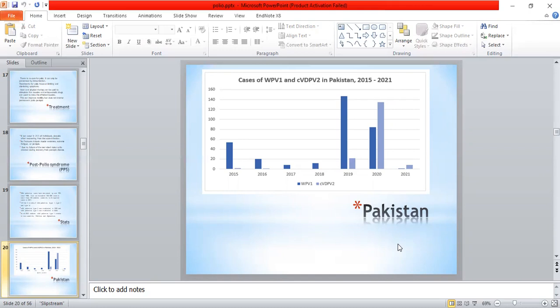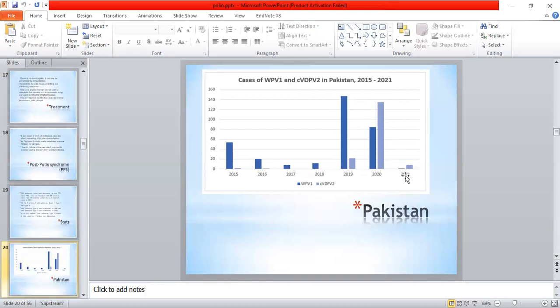You can see in the diagram that in 2019 the wild poliovirus cases were 140, and in 2020 it decreased to 80, and the vaccine-derived poliovirus type 2 was 20 in 2019, and in 2020 it increased to 120.